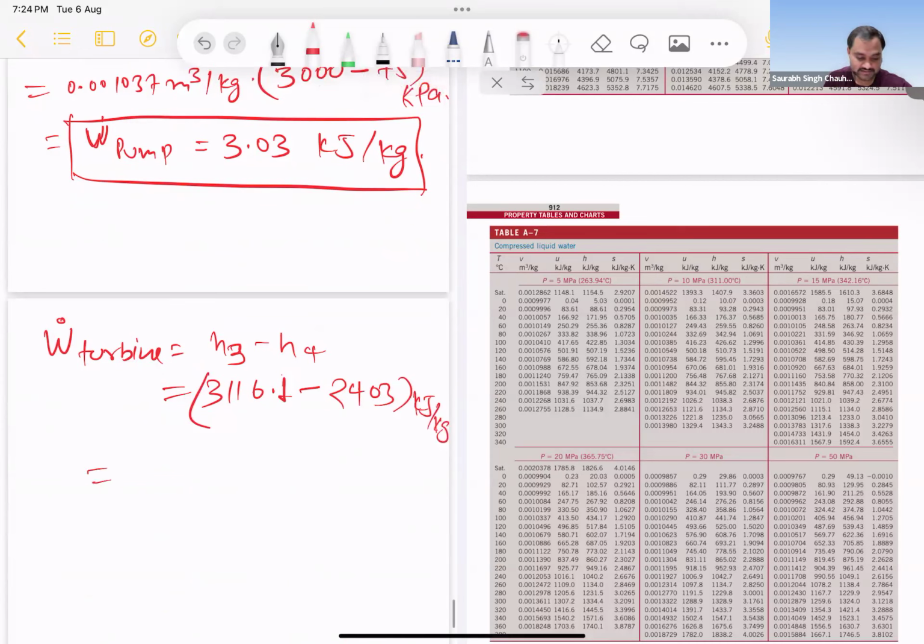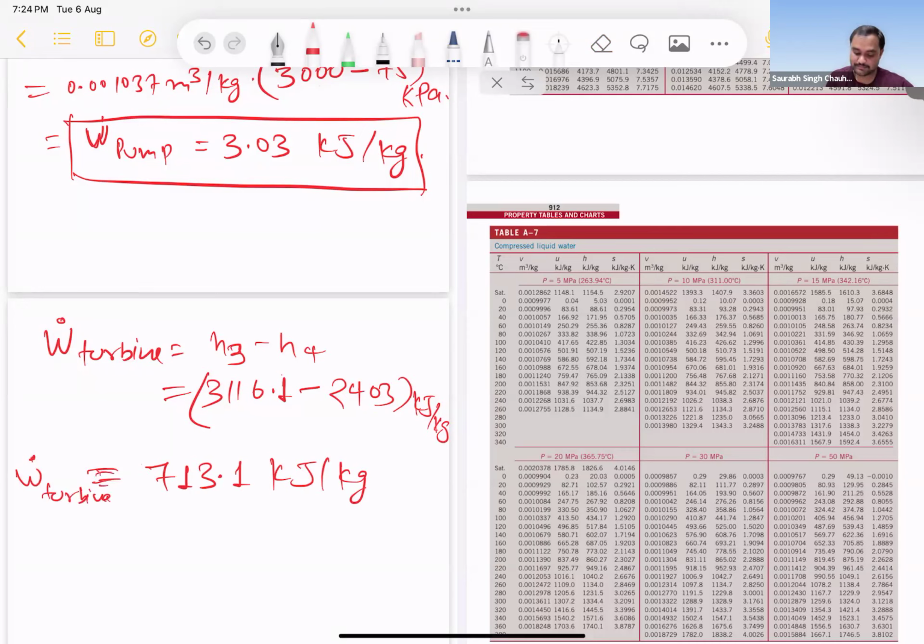And if you subtract this, it will come out to be 713.1 kilojoule per kg. Please check these values and calculation.